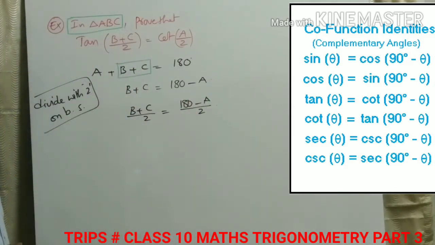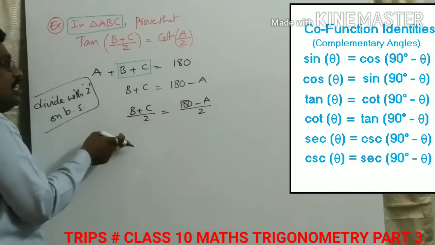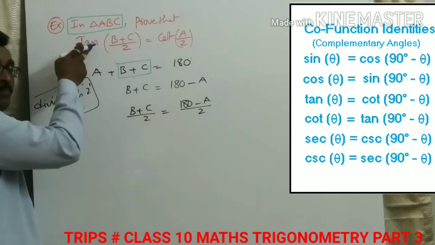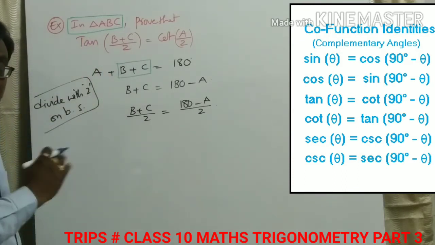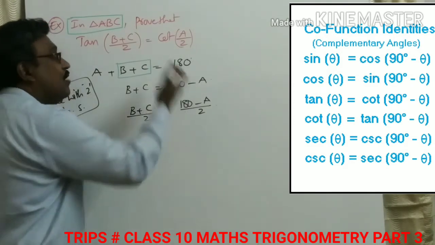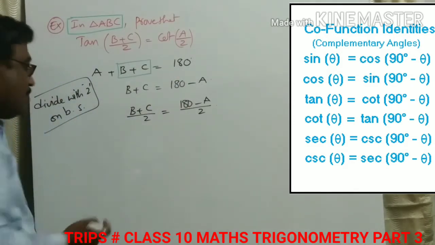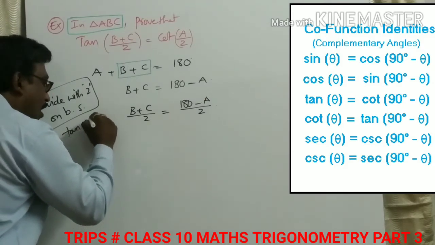Now, what is there? Tan. I am comparing each and every step with my question. Tan is here, so I am applying tan on both sides. We cannot apply tan on one side and cot on the other side as per the question. So apply tan on both sides.